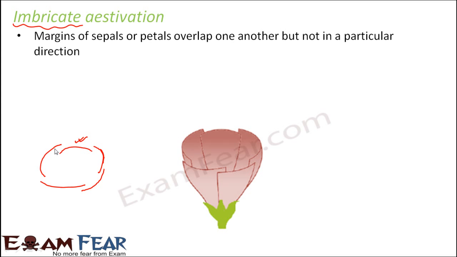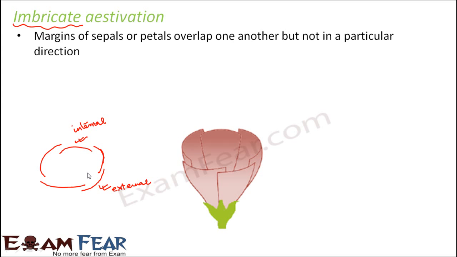Whereas there might be one petal which is overlapping the neighbors on both the margins. For example, this one. So this becomes an external petal, and this becomes an internal petal because it is overlapped on both the margins and this one is overlapping on both the margins. Right?